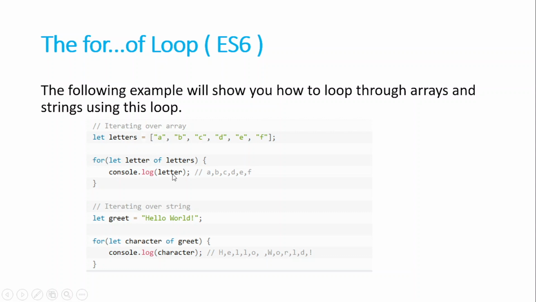You can use it on arrays and on strings, the items which are iterable. So this character will be the direct character, not the index. If you use the in loop, that will be an index. If you use the of loop, it will give you the value directly. Now you can see the value printed out here.